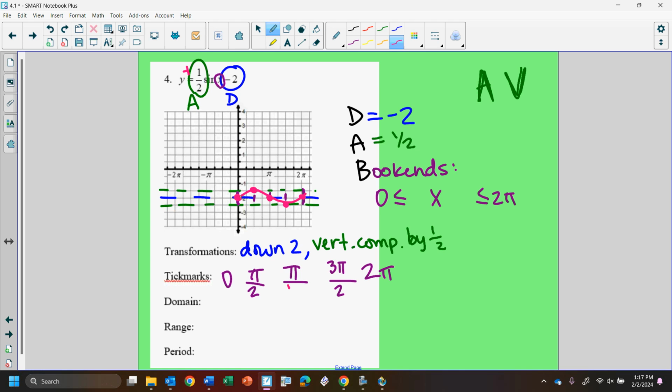Repeat that pattern going to the left. Do your second period. Then try domain, range, and period.